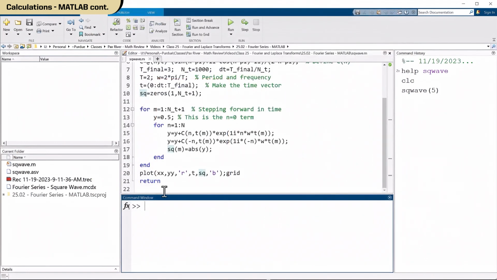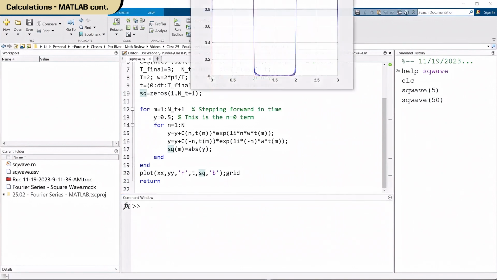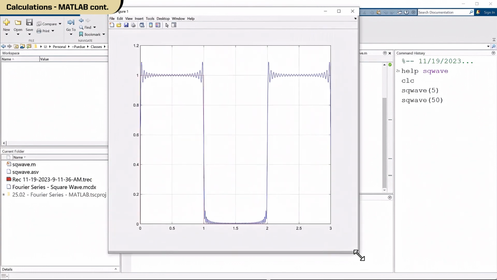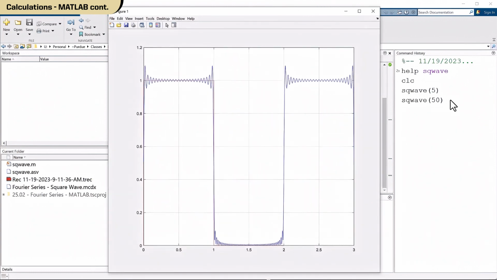Well, let's go farther. Let's make it 50. Okay, you can see, hang on, let me do this again.